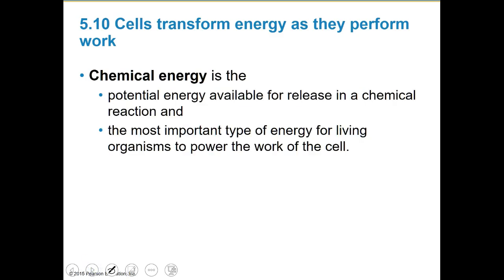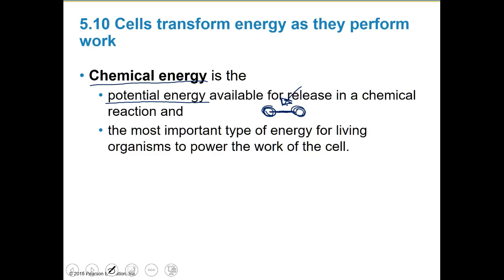So lots of terms in this one to keep straight. Chemical energy is another one. This is potential energy that's available for release in a chemical reaction. Just like being at the top of the roller coaster has the potential to be a good time, if we've got two atoms that are stuck together, we have the potential to break that bond and release energy.